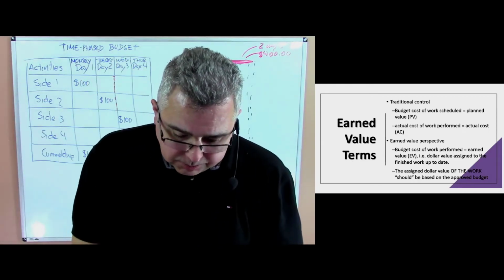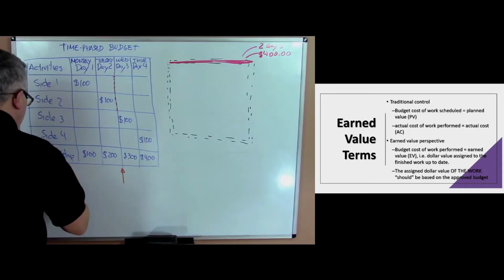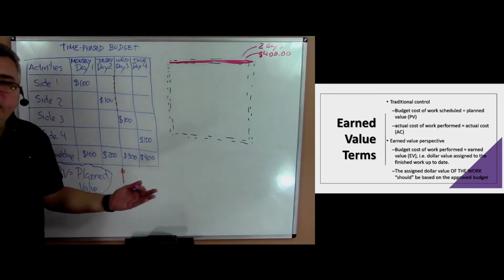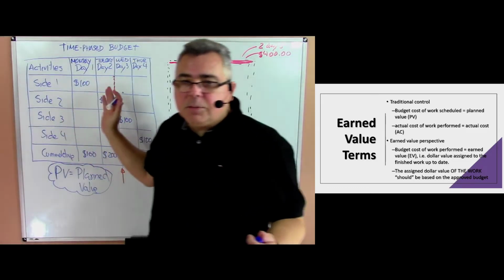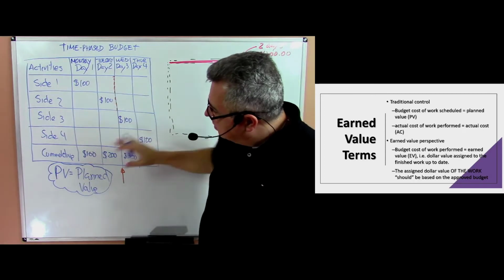The first term is called PV, or planned value. Everything that you have in your time phased budget is planned value. So PV is the planned value, everything that you have here.